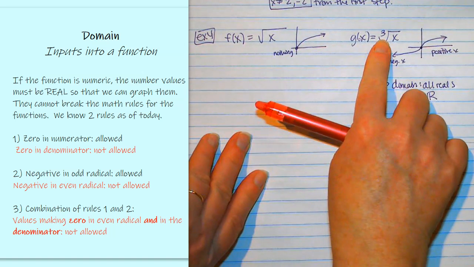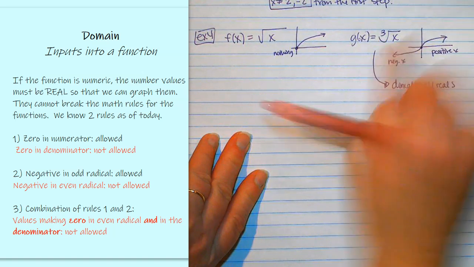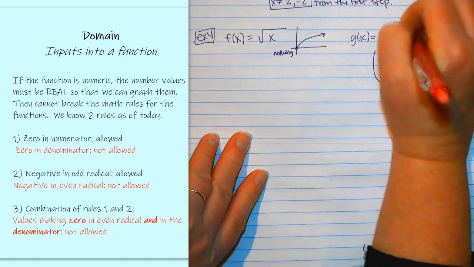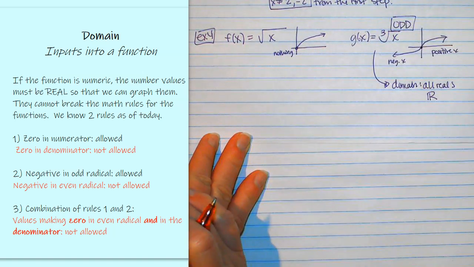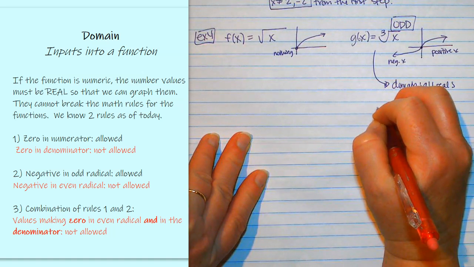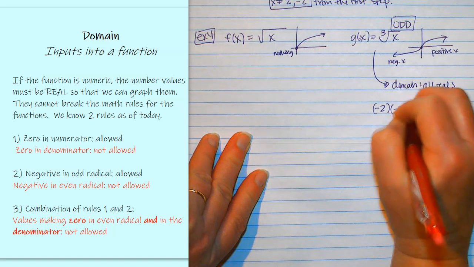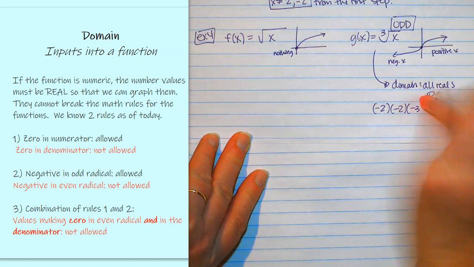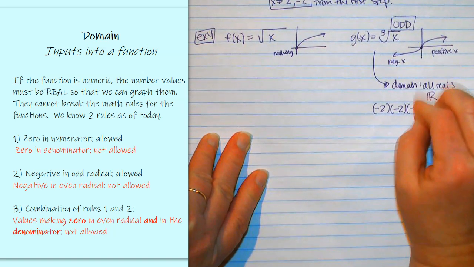So cube root or fifth root or seventh root, these are odd roots, and they are allowed to have negative numbers. When you take a negative number, let's do something very simple, negative 2 times itself 3 times, and I wrote 3 instead of 2, sorry.